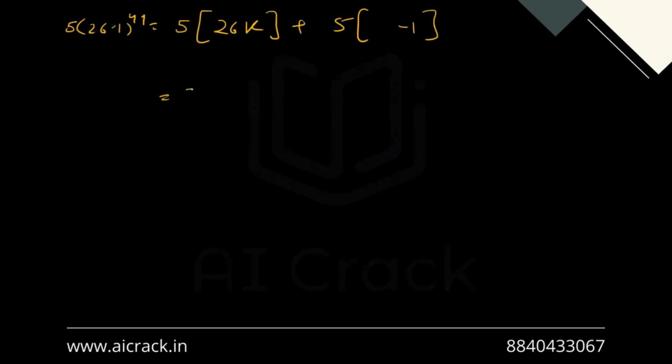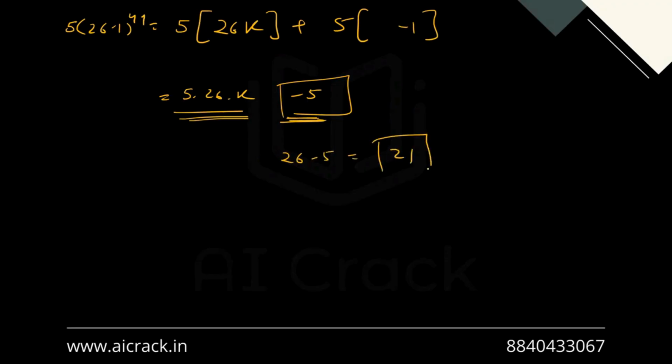Now that becomes 5 · 26 · k − 5. We can see that the first term is divisible by 26 and this term is not. So this is a remainder, but we cannot report a negative remainder. So I'll take one factor of 26 from here and add it to it. That gives me 26 − 5, that is 21. So 21 is our remainder.